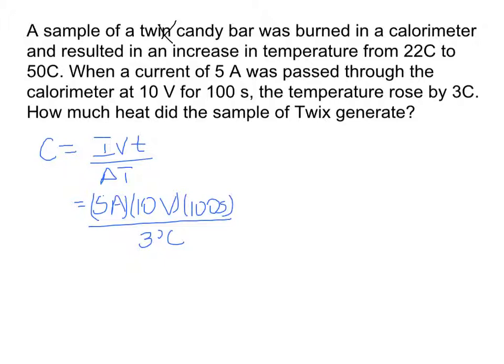And when we multiply 5 times 10 times 100 and divide that by 3, we get 1,666.7 as our calorimeter constant, and that unit is in joules per degree Celsius.